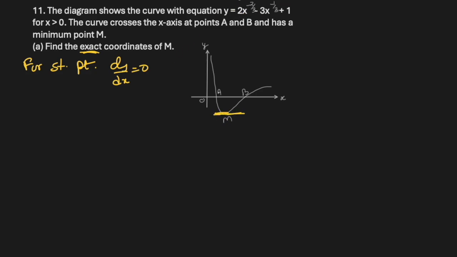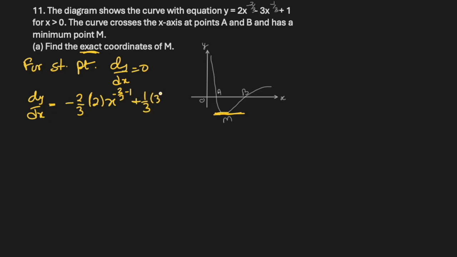So I'll differentiate this function now. Dy over dx is equal to, if I differentiate this, minus 2/3 comes and becomes a coefficient. Then we have 2 already there, and then it goes down by 1. Similarly here, there's a minus here and there is minus here. In the exponents it becomes positive 1/3.